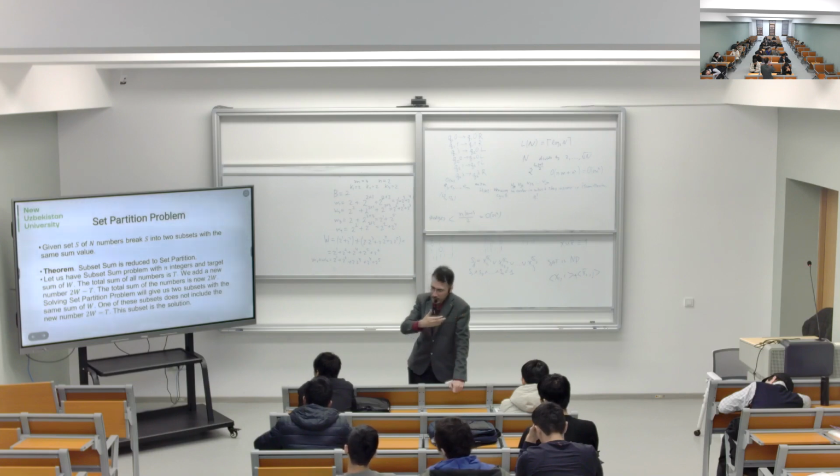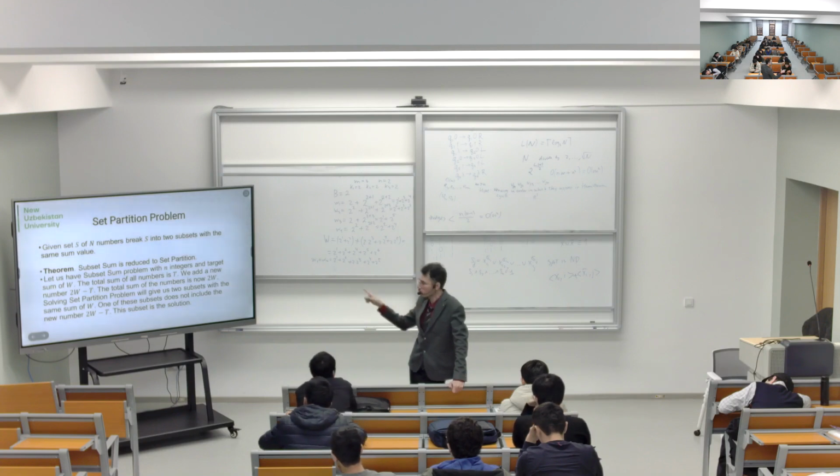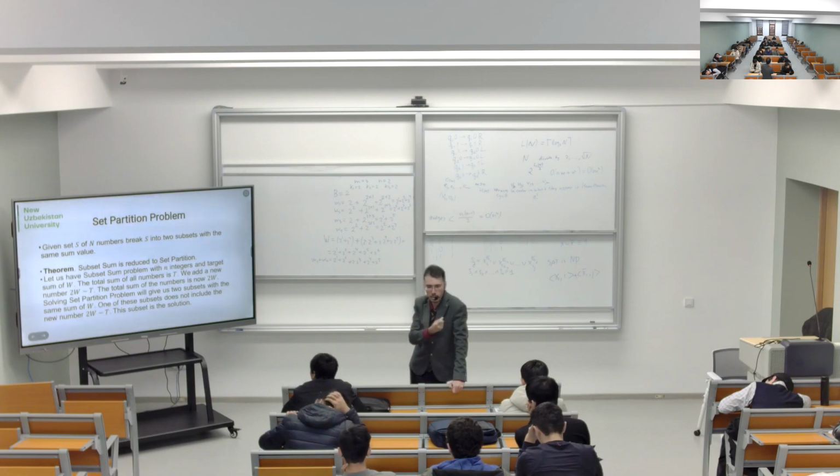Yes. So if I now want to divide this set in two parts, each of them has the same value, each of them will have value of w. But this is not the input we had. We had input with n numbers, but we solved the problem for n plus 1 numbers. However, how many numbers did we add? 1.